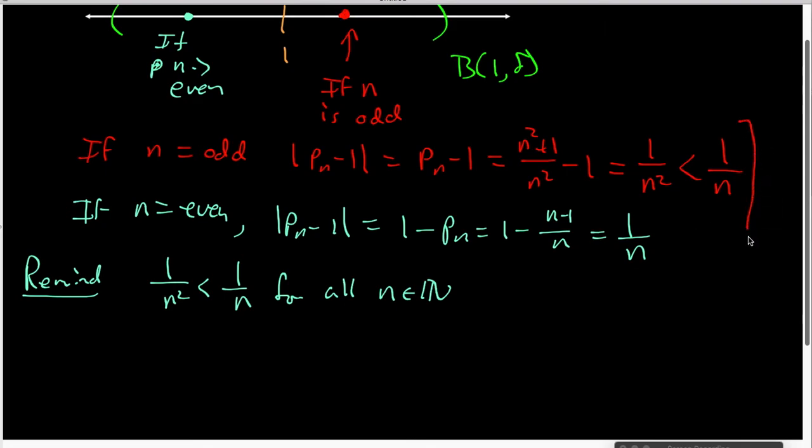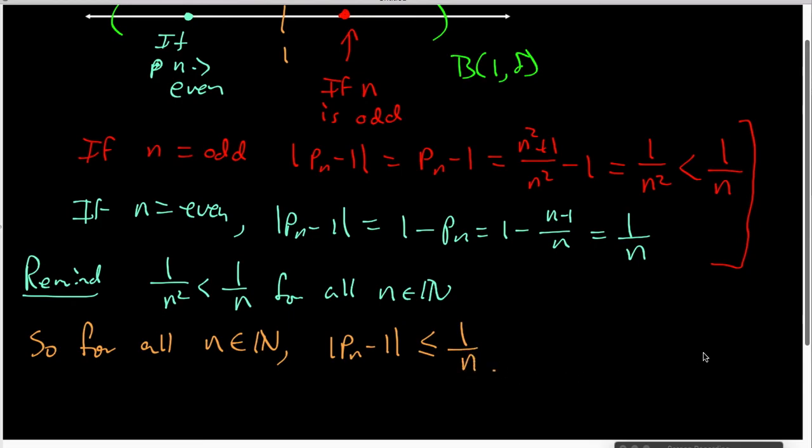So putting these two facts together, we have, for all of our natural numbers, the distance between Pn and 1 is less than or equal to 1 over n. Now, this is something that I want you to remember because it's going to come back on the next page. We also want to recall an important theorem from chapter 2.